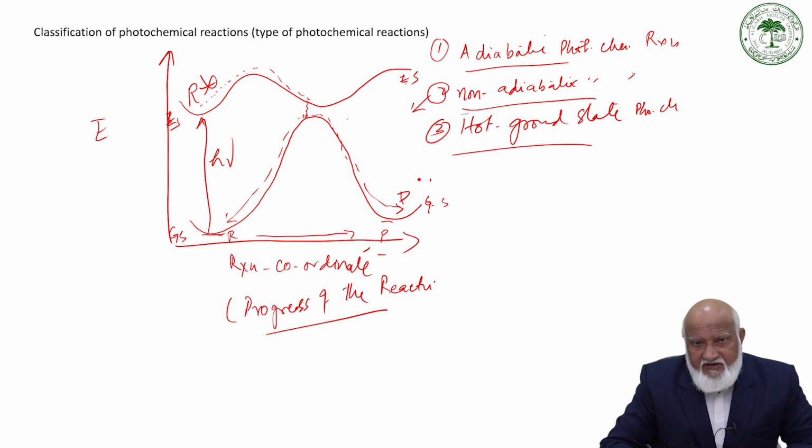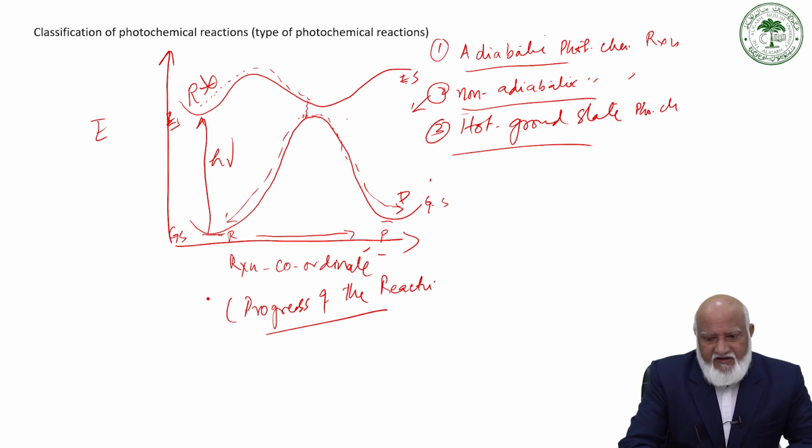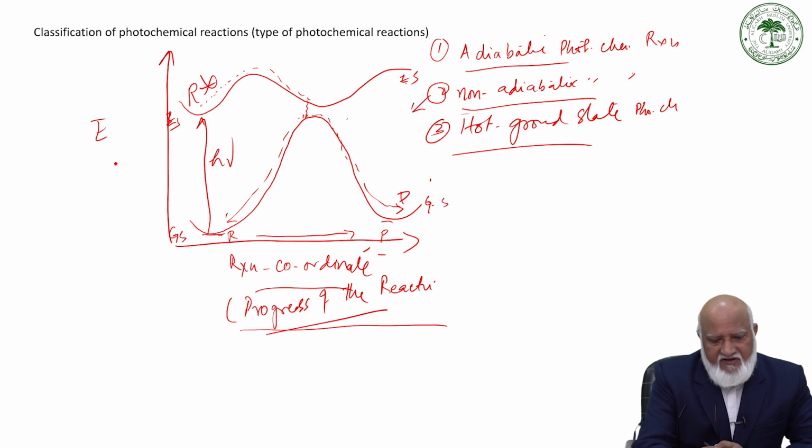Then you call it a non-adiabatic reaction. It is simple. The x-axis is the reaction coordinate, or we call it the progress of the reaction. This is the energy. These are the two curves. This is the ground state curve, this is the excited state curve.